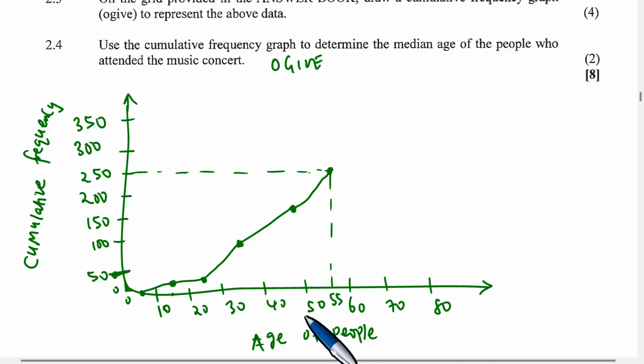Let's just mark. We saw that 15 was with 20.